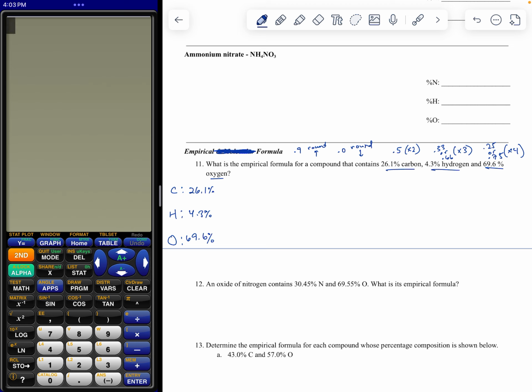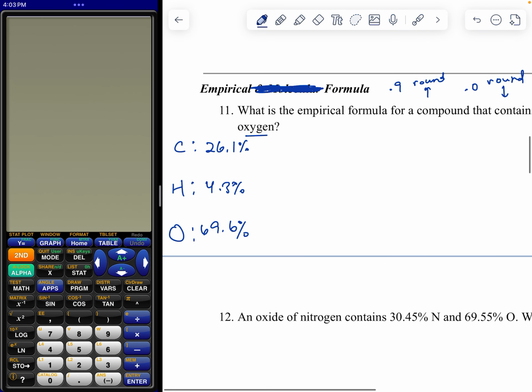Now, what we did was we're assuming that all of this is in a 100-gram sample because 100 grams out of the 100%, you could actually just call each of these percentages that many grams of that substance. So all we're doing is dropping the percent symbol and writing in grams here.